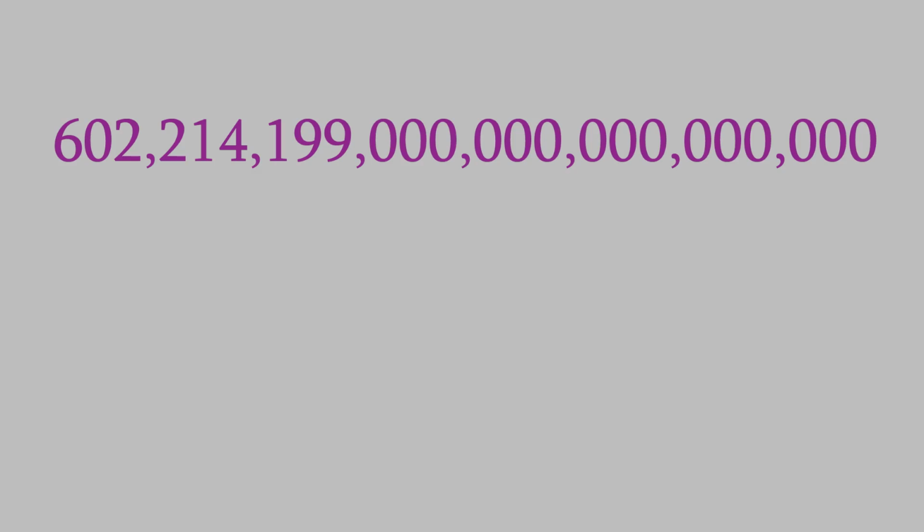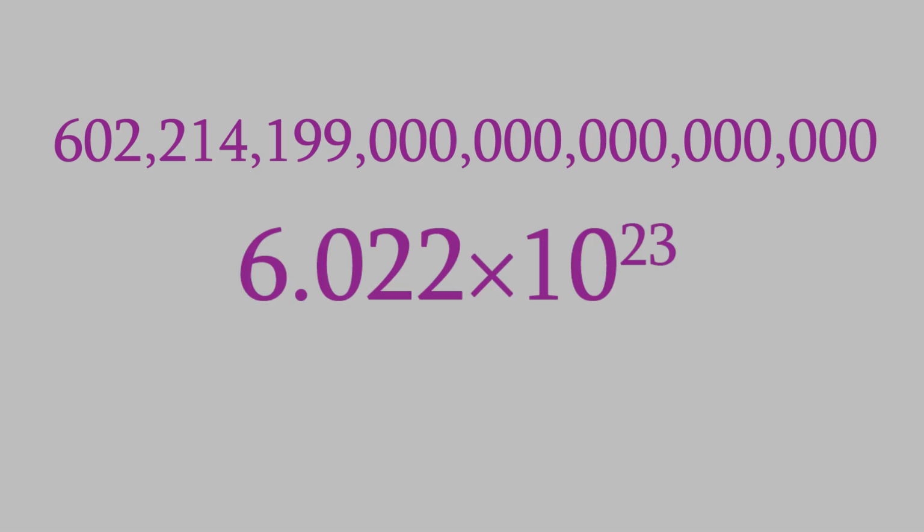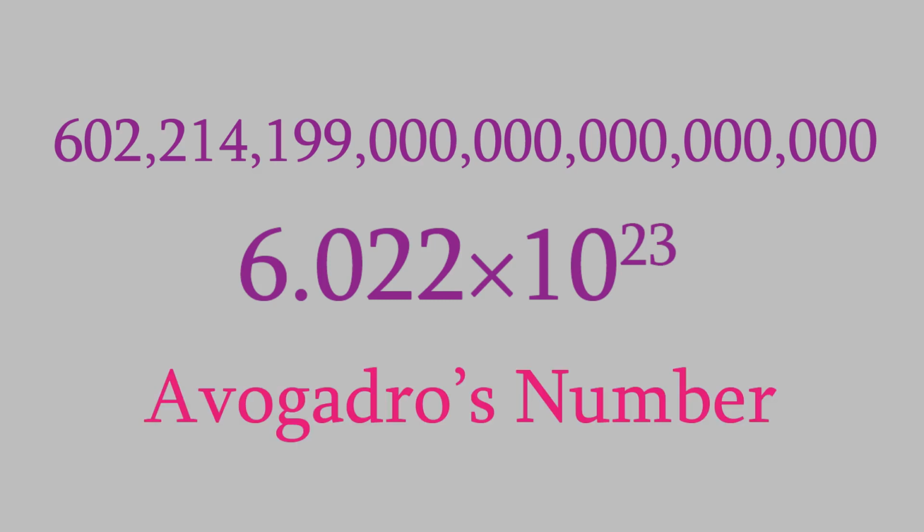This is such a huge number that it's a pain to write it out all the time, so we use scientific notation: 6.022 times 10 to the 23rd. This is called Avogadro's number, and it's a very useful number. We'll use it very often all throughout the course, so you should try to remember it soon.